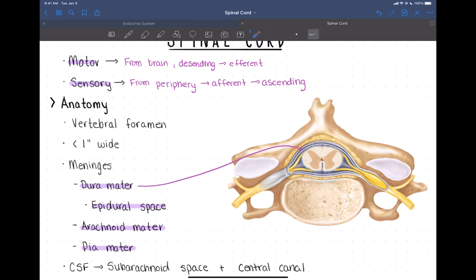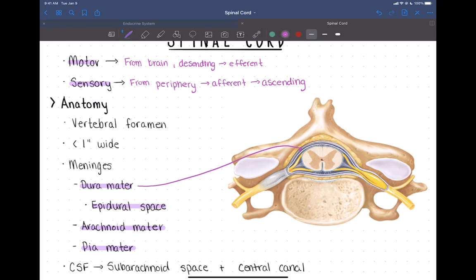It's really dense connective tissue. One unique thing with the spinal cord is that in the brain, our dura is directly up against the skull. In the spinal cord, there's actually a layer of fat between that dura mater and the bone.